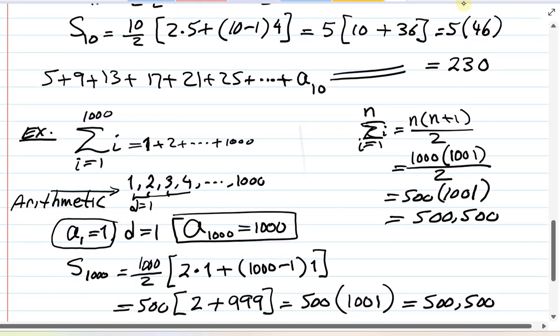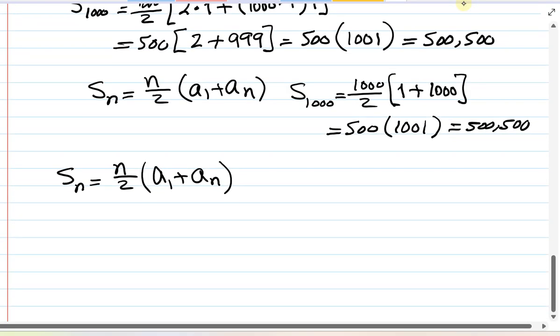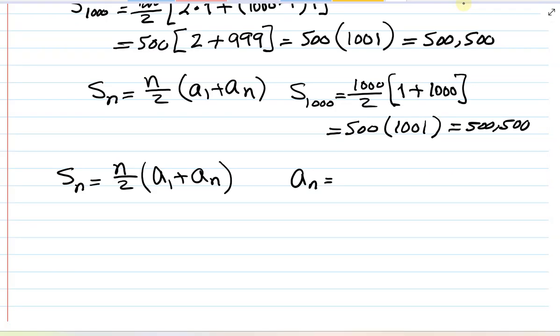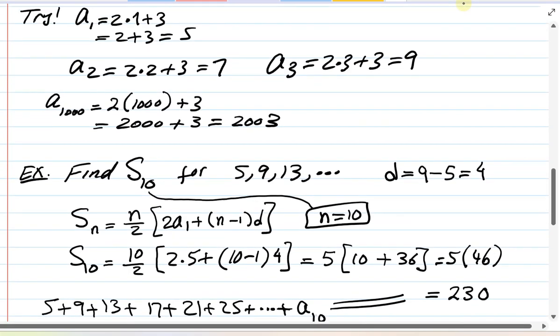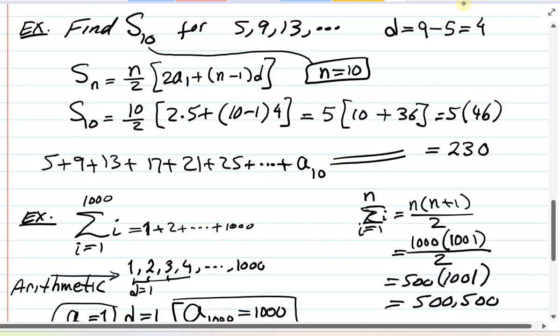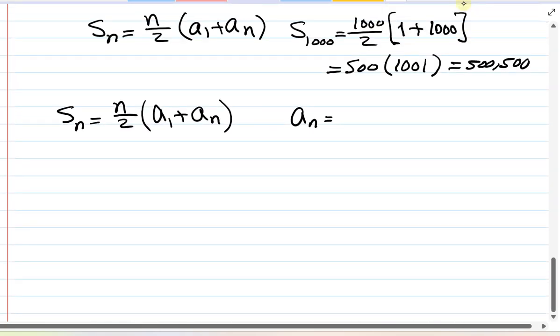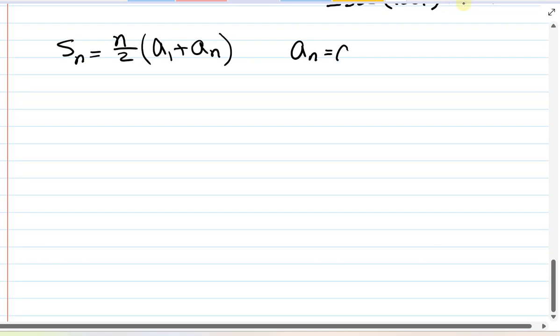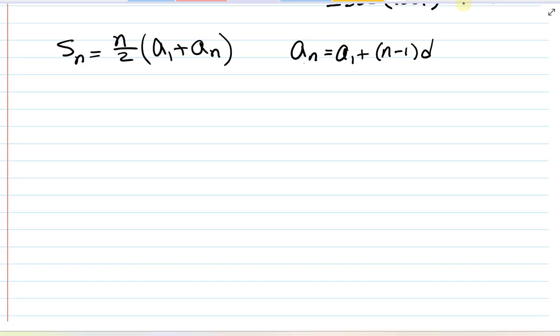Now, the formula for the nth term of an arithmetic series or sequence, the general term, we said was a1 plus n minus 1 times the common difference. Where is that one? Right in here. That's the formula for an arithmetic function. Therefore, I'm going to write a sub n as a1 plus n minus 1 times the common difference. Now, plug in for a sub n into the first expression.